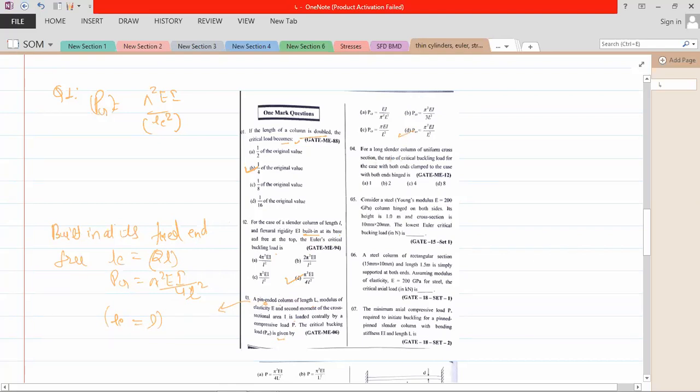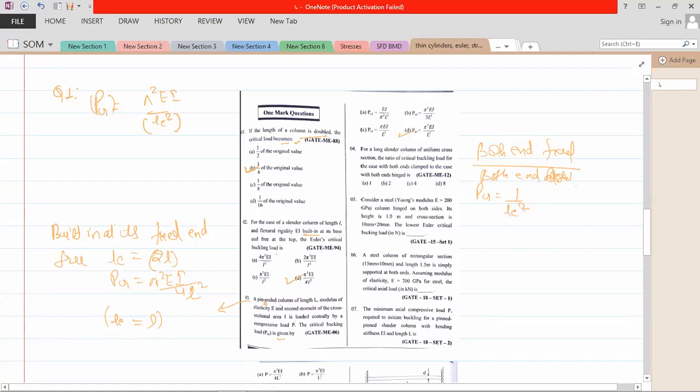For a long slender column of uniform cross section, what is the ratio of critical buckling load for the case when both ends are clamped to the case when both ends are hinged? So both ends fixed, and sorry, not clamped, both ends hinged. You know that for the formula, P critical has a 1 upon LE square term.